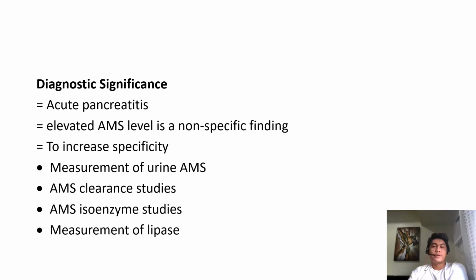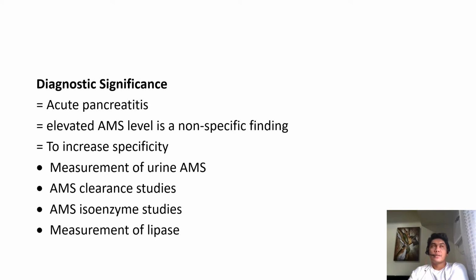Next, to perform amylase clearance studies. And third, measurement of isoenzyme, because if we measure the isoenzyme, it's more specific compared to the concentration of total amylase. And another is to perform lipase measurement.